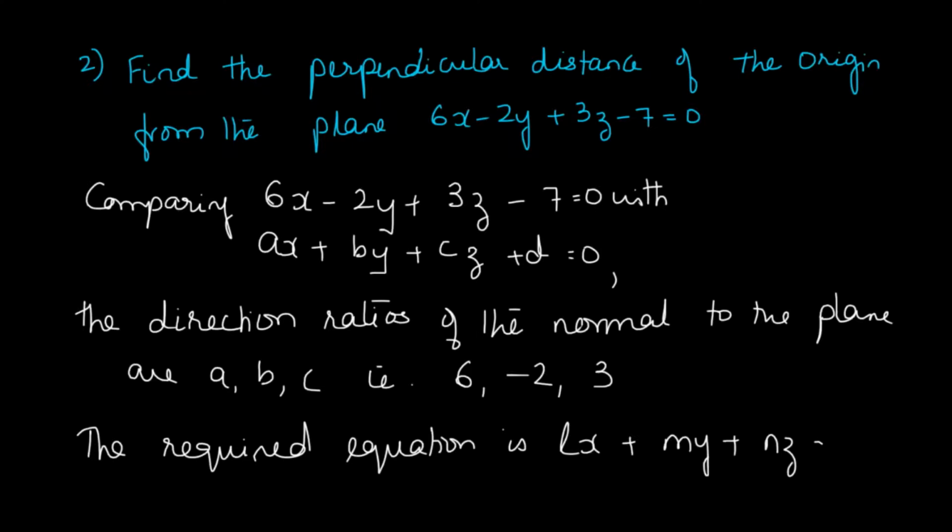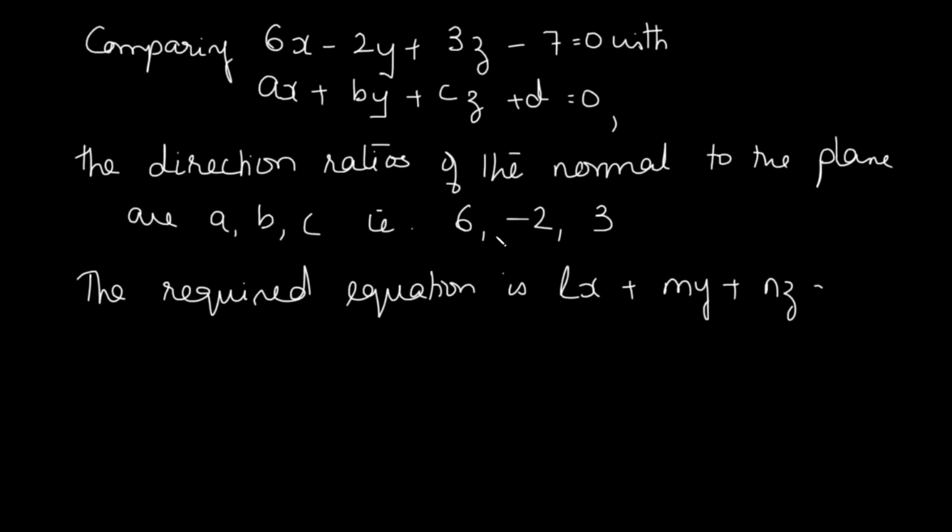Now we can convert this general equation into the normal form of the Cartesian equation of the plane, which is Lx plus My plus Nz is equal to p. Now how to find L, M, N? We use the formula which we learned in the previous chapter, that is L is equal to A upon root of A square plus B square plus C square.